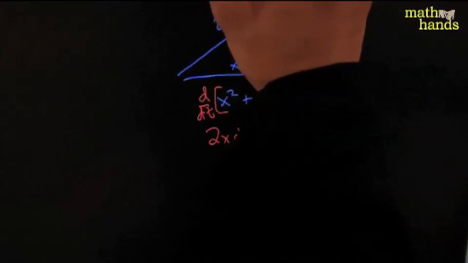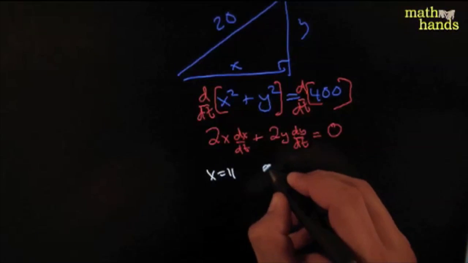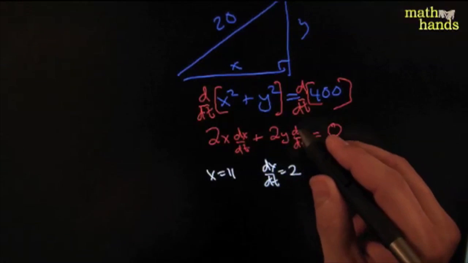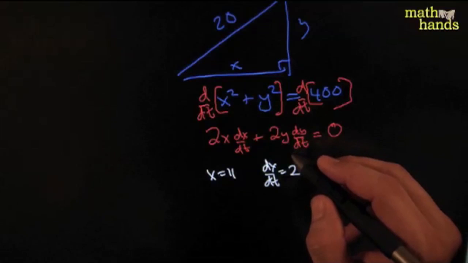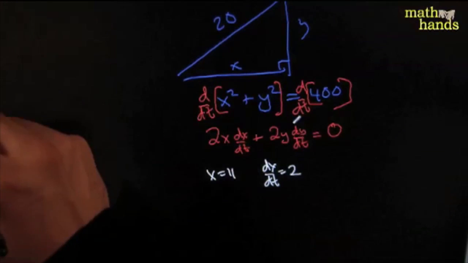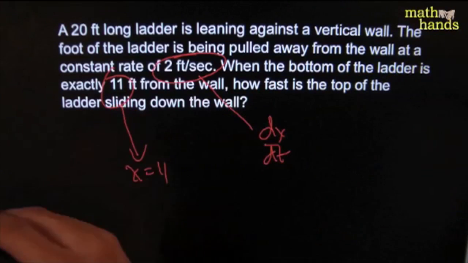So x is equal to 11, dx/dt is 2 feet per second. Oh man, I gotta figure out y. Holy macaroni! How am I gonna figure out y? They don't tell me in the problem. They only tell you when the bottom of the ladder is 11.